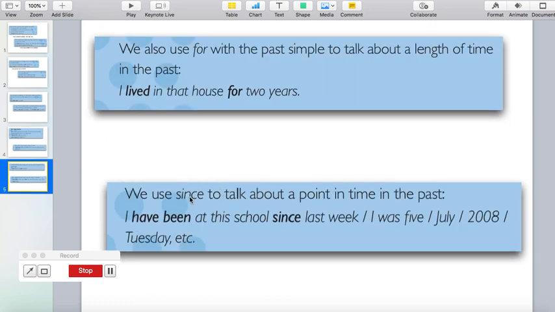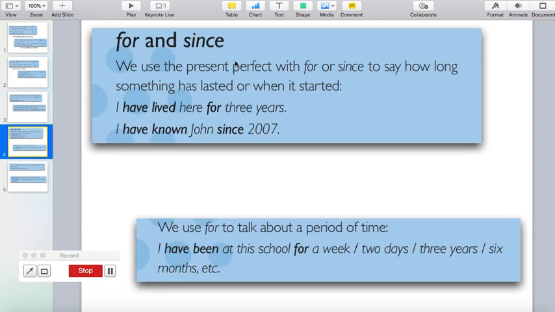Also, you use since to talk about a point in the past. For example, you can say, I have been at this school since last week, since last year, okay? Or maybe a date, since July 2008, 2018, I don't know, okay? So that's the idea. Just memorize this. For is with a period, okay?